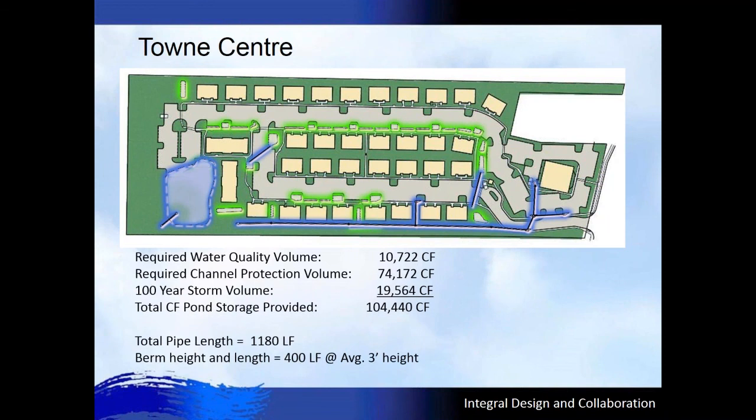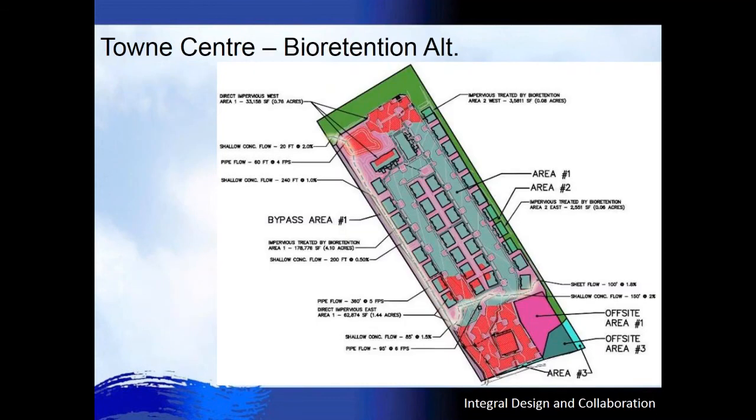So the basin has a berm height of approximately 3 feet, but the basin only has to hold 105,000 cubic feet. And this is the red areas in this diagram, which show areas that were not treated by the bioretention based on the water quality requirements.